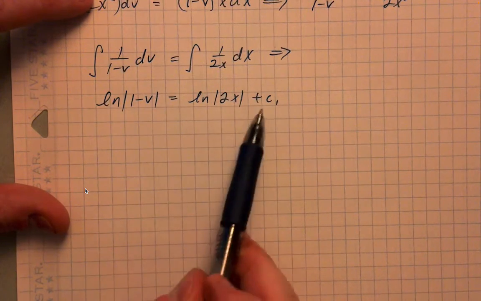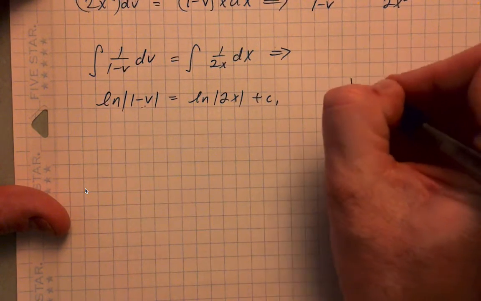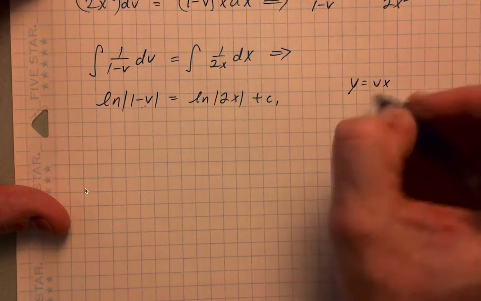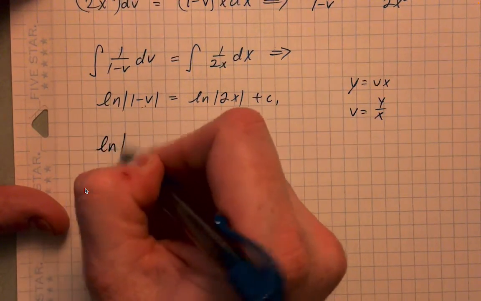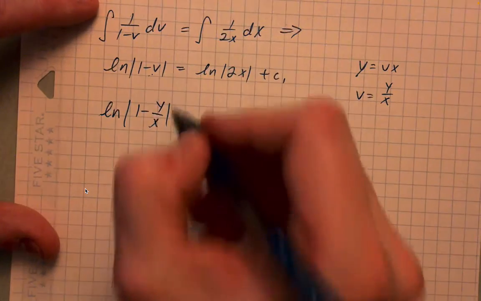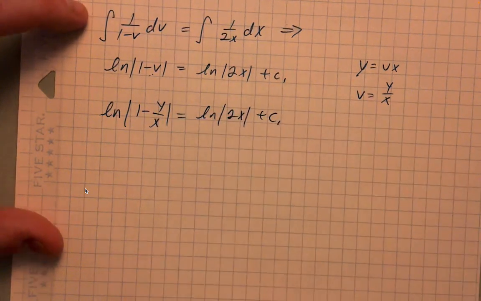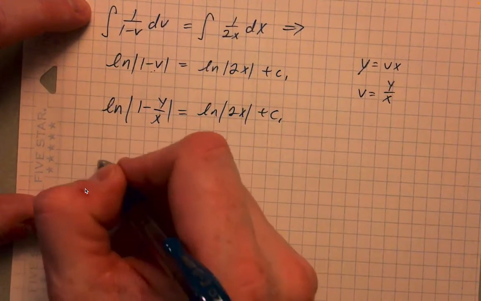Okay, let's plug back in the x and y's for v. y was equal to vx, and so that means v is equal to y over x. So we have the natural log of 1 minus y over x is equal to the natural log of 2x plus the constant. Let's exponentiate both of these.